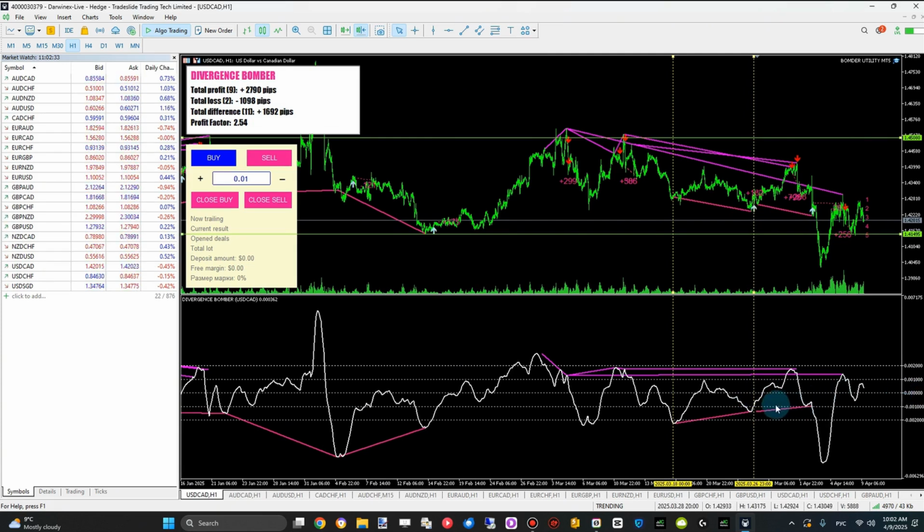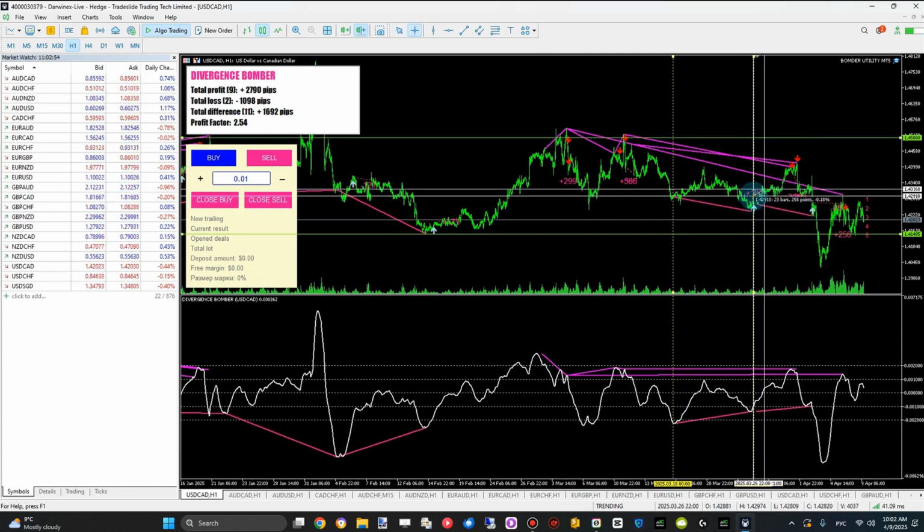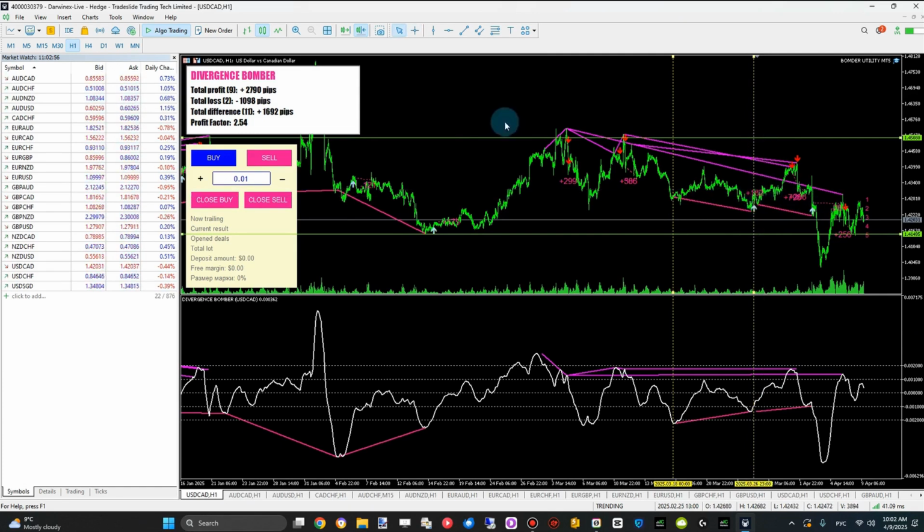That is, the potential for price movement is already decreasing to zero. This level is, as it were, the first level to say that the divergence has already reached some sort of peak.